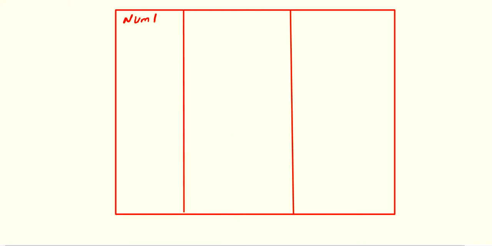First we will write numbers, then tally marks, then frequency. You can interchange this one. You can write frequency here, no problem. Then tally marks.